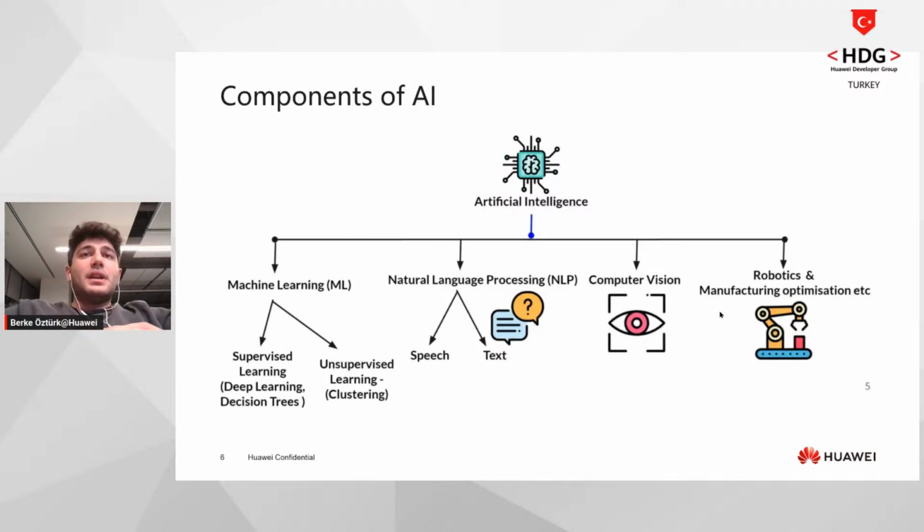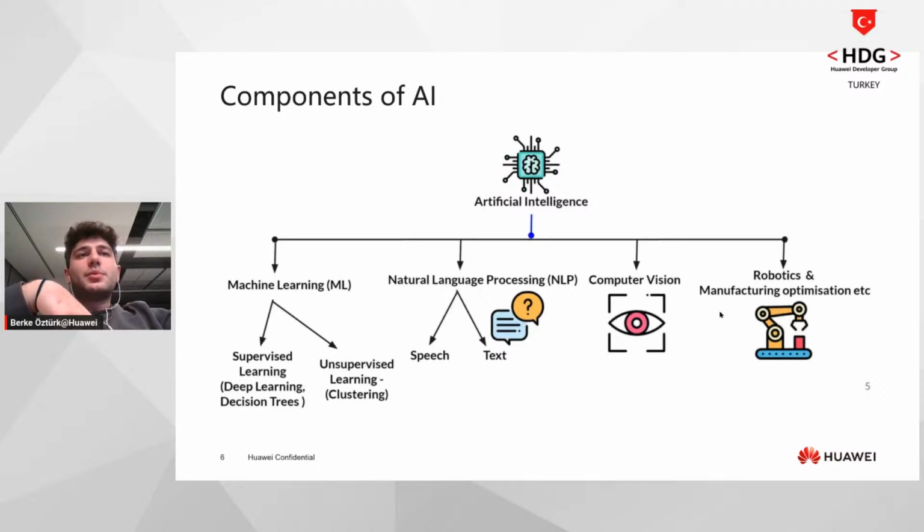If I want to teach a machine to predict what is in an image, whether it's a dog or a cat, I'm going to give dog and cat pictures to the machine, and I'm going to say this is a dog and this is a cat. If I say that this picture is a picture of a dog and this picture is a picture of a cat, this means I'm going to label these pictures. That means supervised learning. It's used for regression and classification tasks mostly.